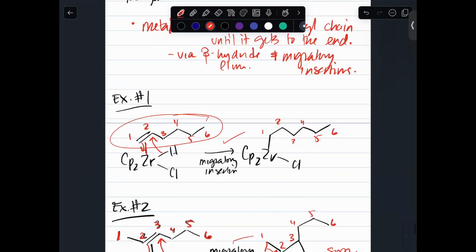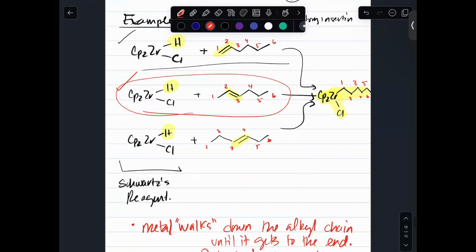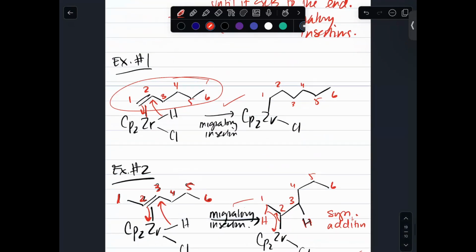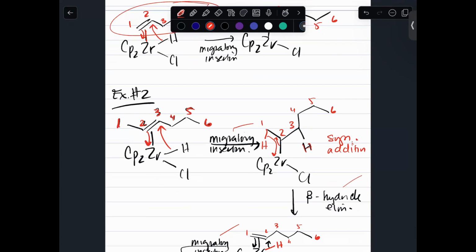Not surprisingly, for a starting material where the double bond is in the middle, you'll have a migratory insertion, a beta hydride elimination, a migratory insertion, beta hydride elimination, migratory insertion. And so it just keeps going, right? The longer the chain, the further in your double bond, the more beta hydride eliminations and migratory insertions you have in order to walk the metal down the chain.